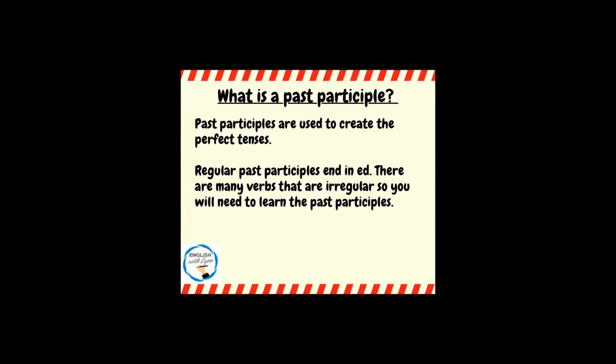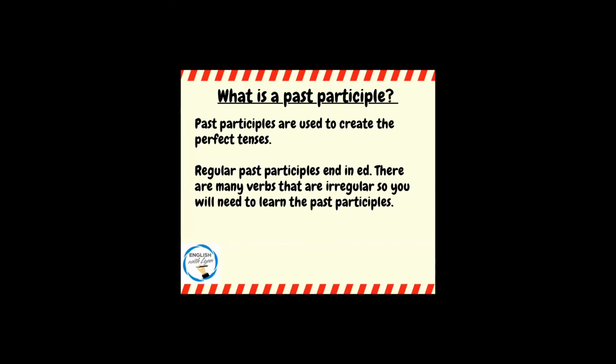Finally, let's look at past participles. Past participles are used to create the perfect tenses. So whether it is the past perfect, the present perfect, or the future perfect, or any of the perfect progressive tenses that you are creating, you will still need a past participle. Now, again, the past participles can be regular or irregular.